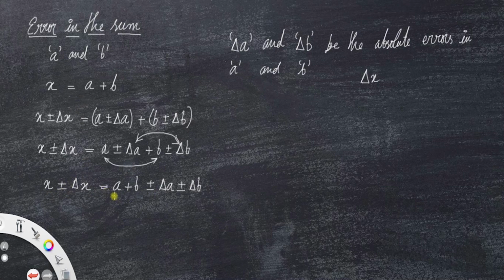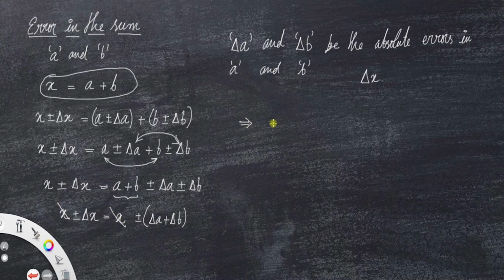Now if you look at this one, a plus b is actually x. So you can write x plus or minus delta x is equal to x, and if you take the plus or minus outside the bracket, delta a plus delta b. Clear? You can cancel this x. Now the final expression is plus or minus delta x is equal to plus or minus delta a plus delta b.